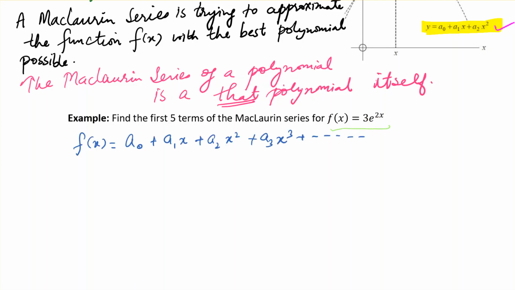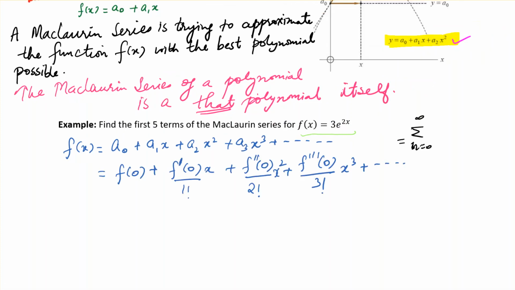Since we know that our Maclaurin series is of this form, the infinite power series form, and we also found that the constants are found using the nth derivative at 0 over n factorial. So this is our summation form of the Maclaurin series.